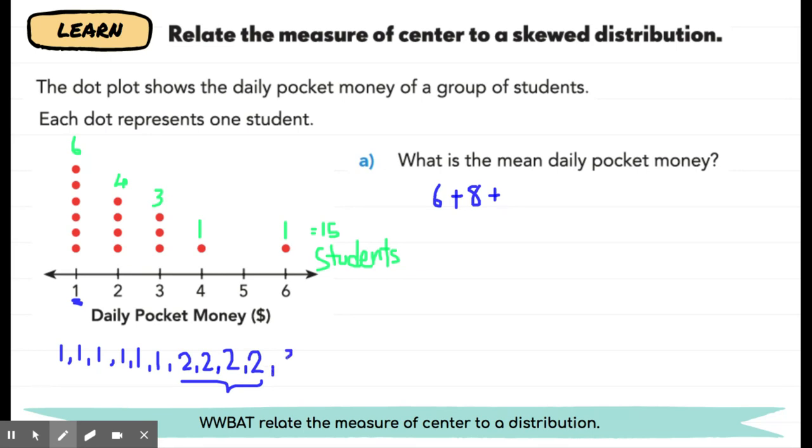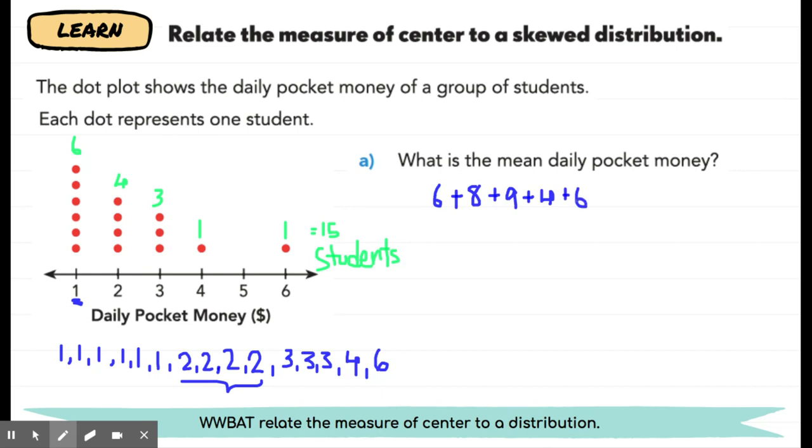So the next one is 3. If we add 3 three times, we will get 9. So it's the same as 3 times 3 equals 9. Then one person with 4. So if we add 4 one time, 4 times 1 is 4. And then one person received $6. So 6 times 1 is 6.